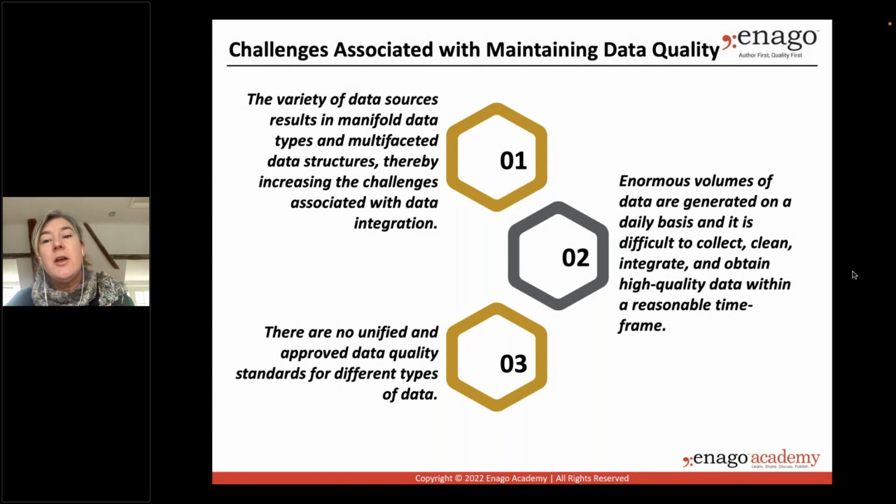And of course, enormous volumes of data, particularly if it's an ongoing process, which is becoming greater and greater, can be really difficult to keep track of, and to make sure that all the incoming data is treated uniformly and cleaned and integrated effectively with what you've already got.